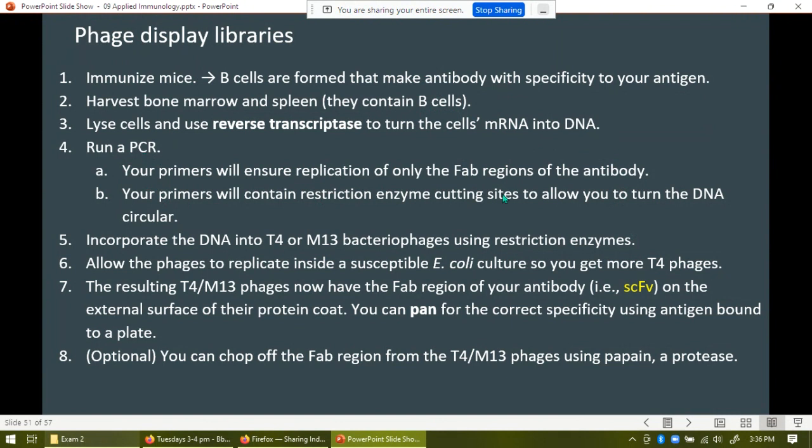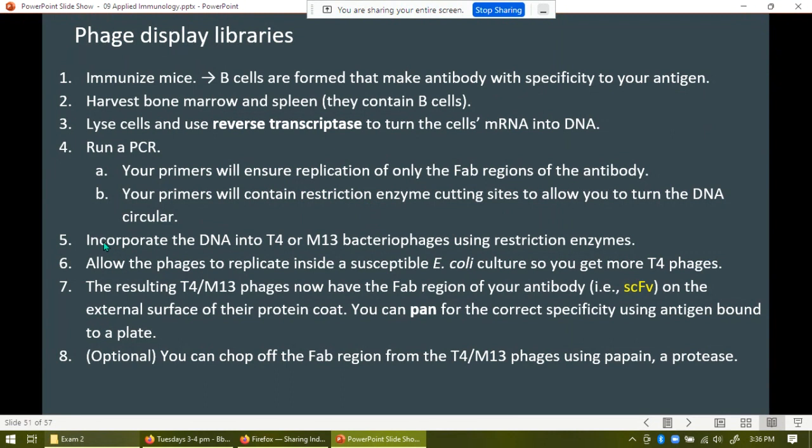So what you do is you run a PCR on your cDNA library that contains a bunch of different cDNA molecules from the mRNA of the cells. Your primers in the PCR are only going to replicate the Fab regions of the antibody. The primers also contain restriction enzyme cutting sites that can allow you to turn the DNA into a circular plasmid-like molecule.